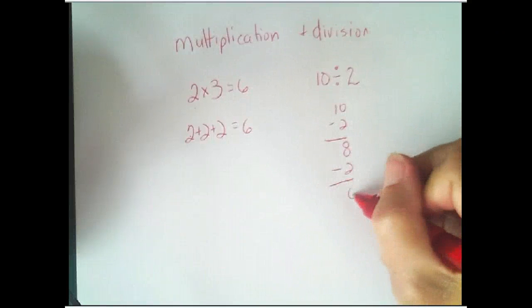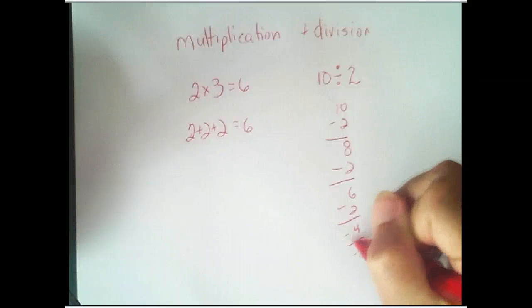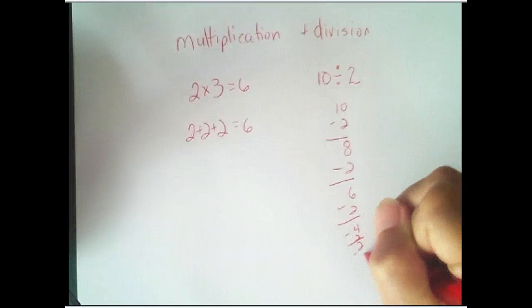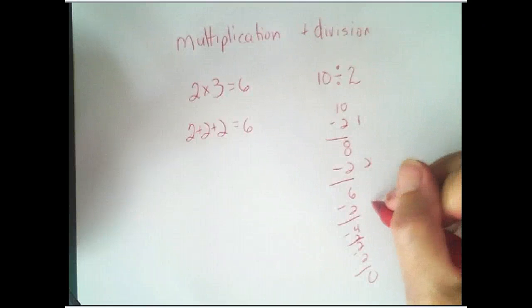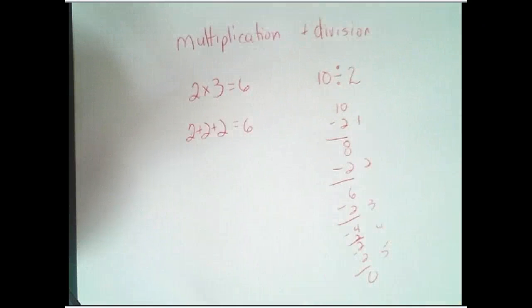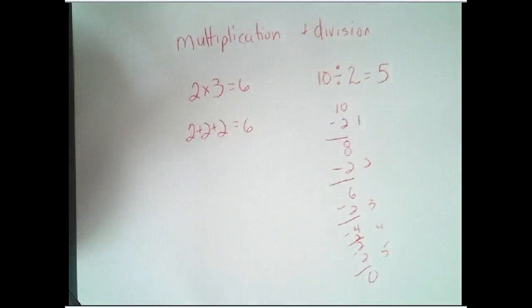So I can continually subtract, and I would see I subtracted 1 2, 2 2's, 3 2's, 4 2's, 5 2's to eventually get to 0, and 10 divided by 2 is 5.